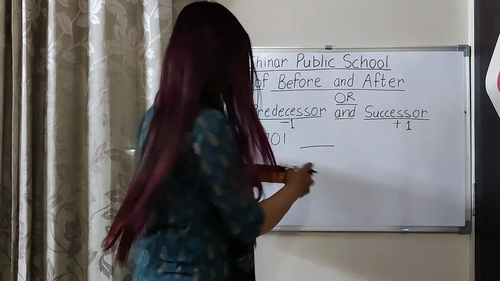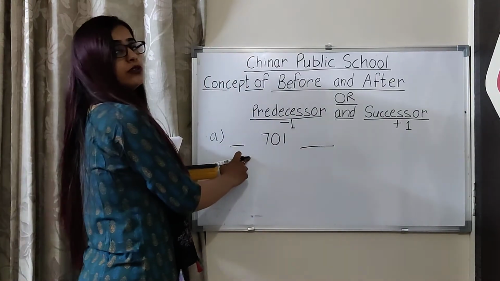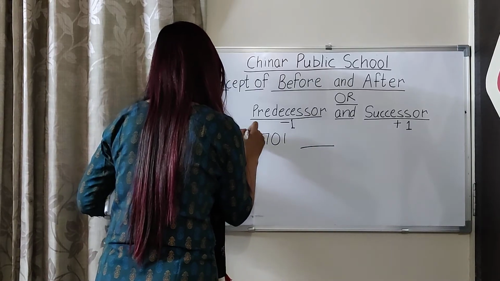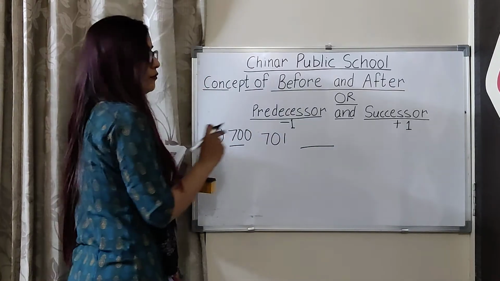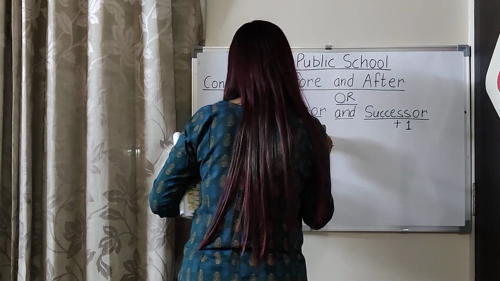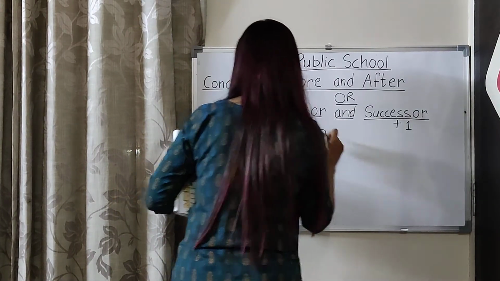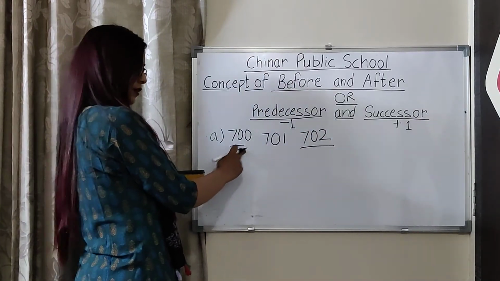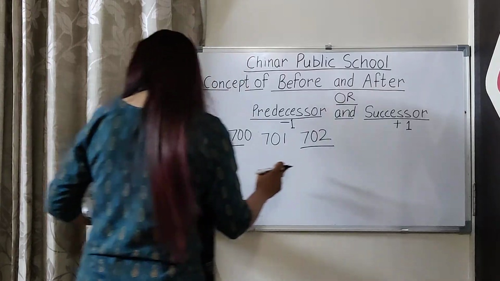What will be before 701? It will be 700. And what will be after 701? It will be 702. So 701 से बिफोर रहेगा 700 and then 702.